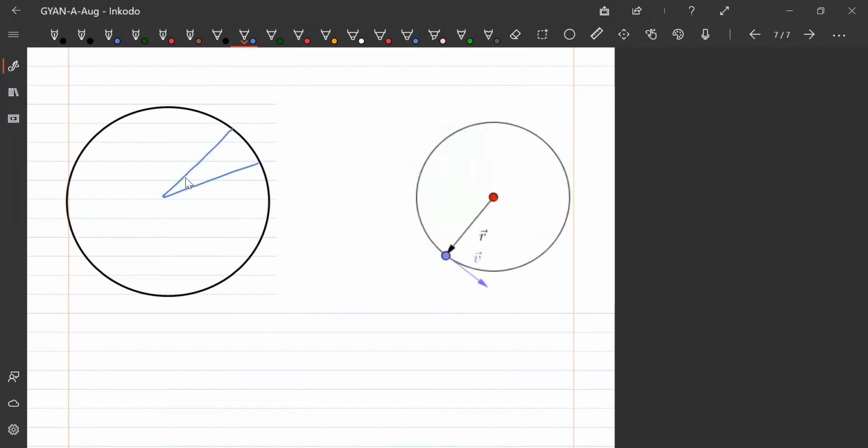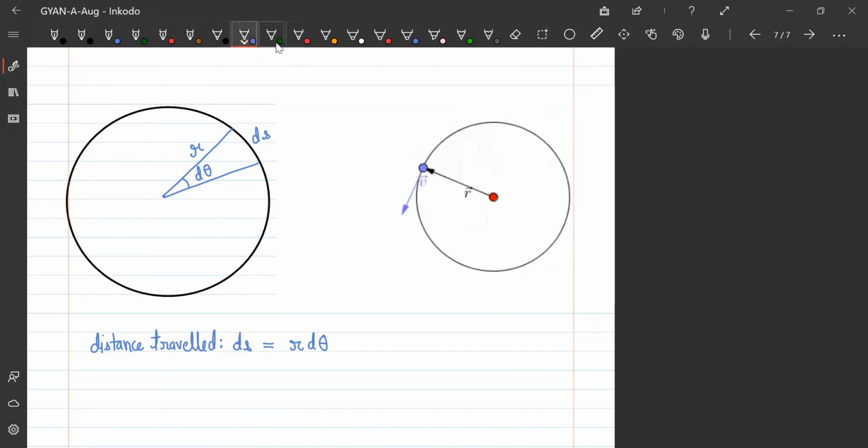If there is a small displacement d theta for a small length traveled ds, the relation is: the distance traveled ds will be equal to r d theta, right? For a very small time, the displacement will be almost a straight line ds.